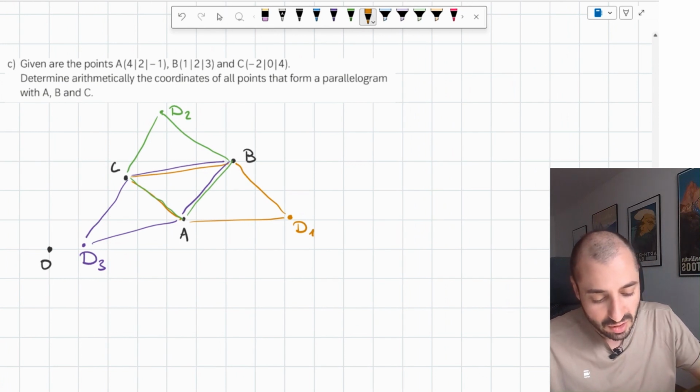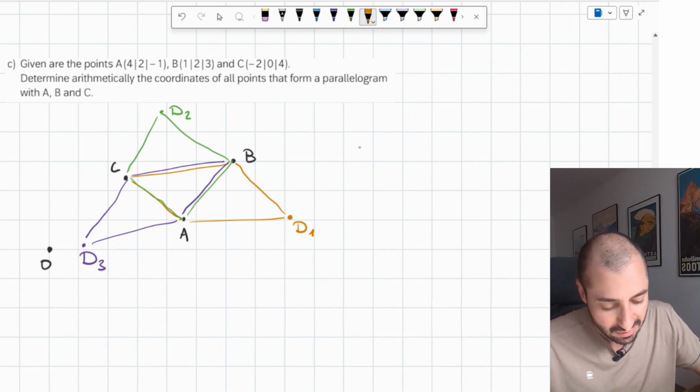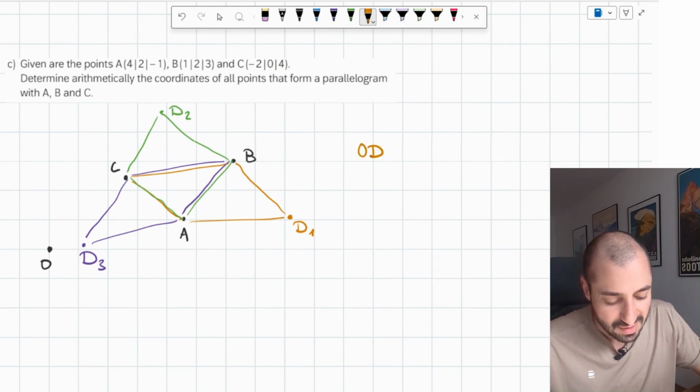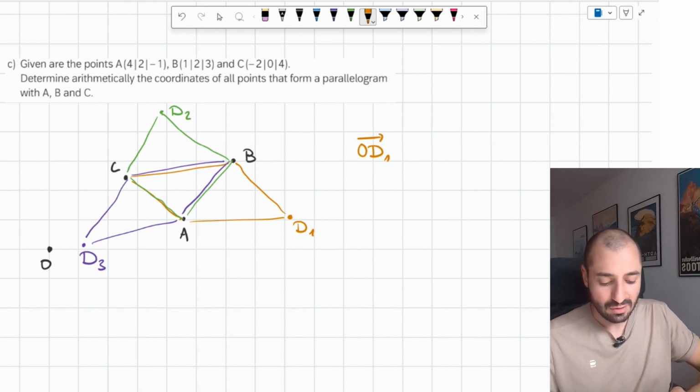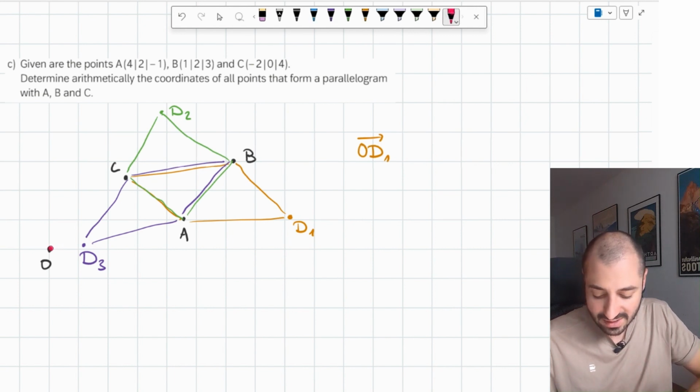So for D1, we are looking at the position vector of D1, so OD1, and we need to figure out how to get here. One way would be to go, let me show it like this. So go to, let's say we go to B first, so OB plus CA.